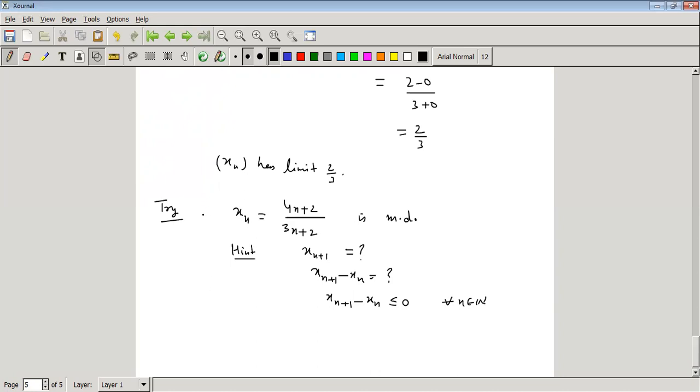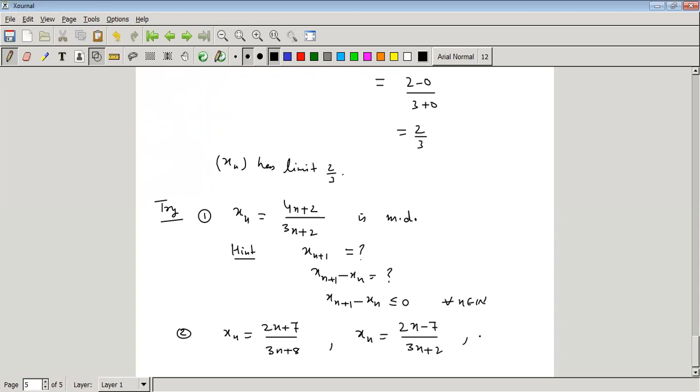You can also try more examples. Second, x_n equal to (2n plus 7) upon (3n plus 8). Check whether it is monotonically increasing or monotonically decreasing. Another example, x_n equal to (2n minus 7) upon (3n plus 2).